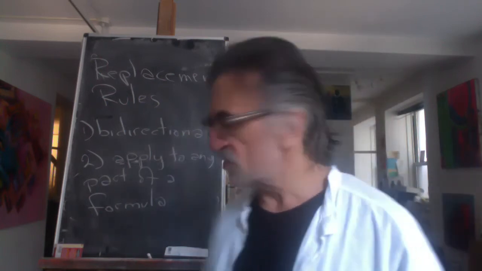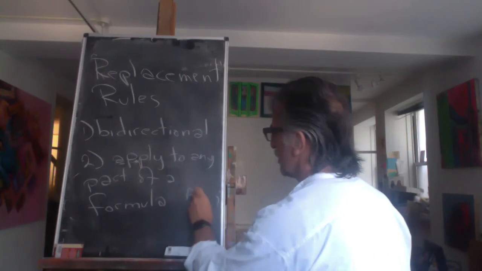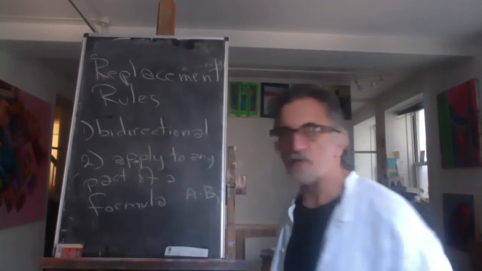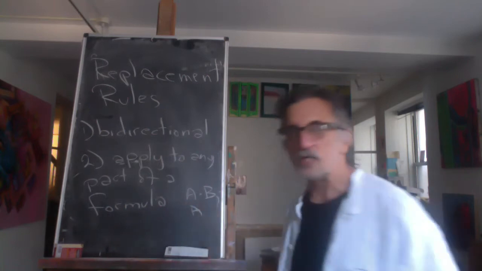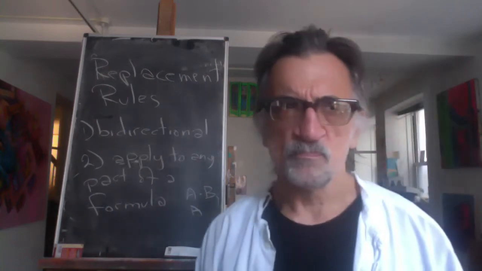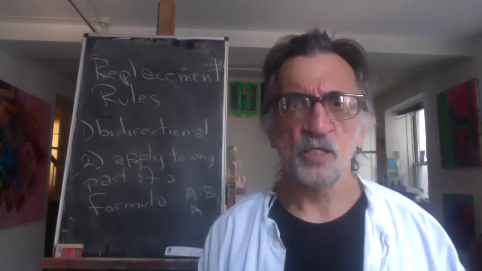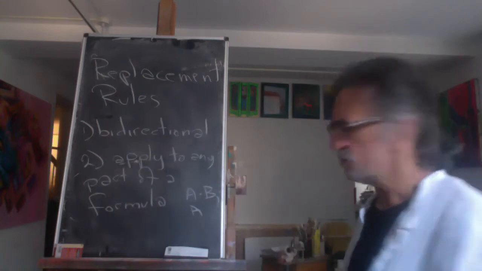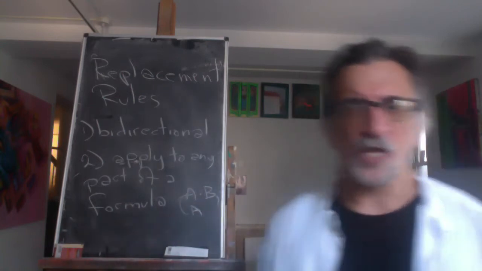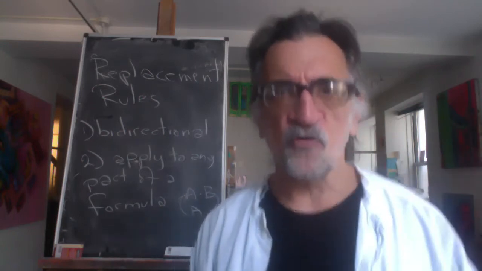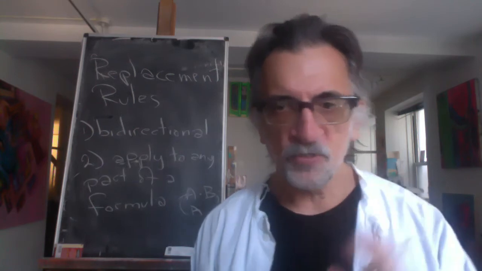So for example, if you have the conjunction A and B, you can use the rule of inference we call simplification to get to A alone. You can't just help yourself. You can't go from A alone back up to A and B. Can't be done. They're unidirectional.